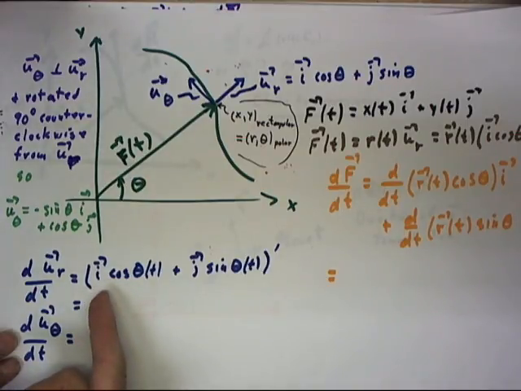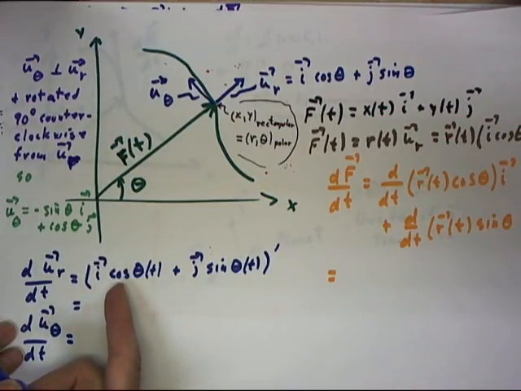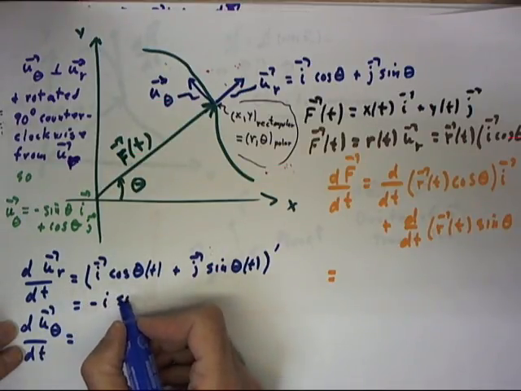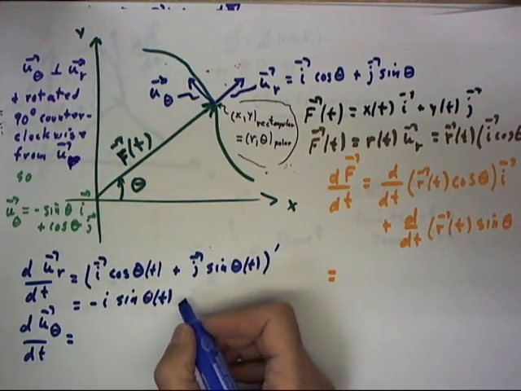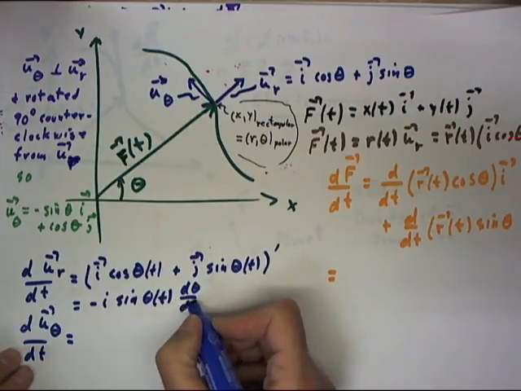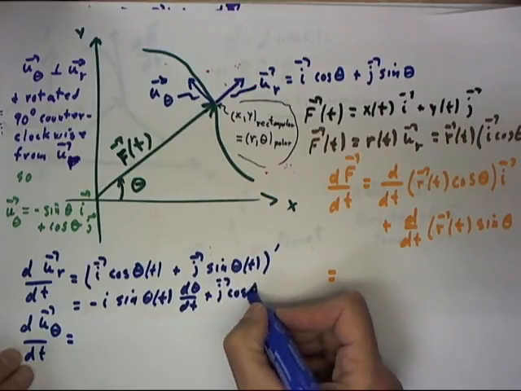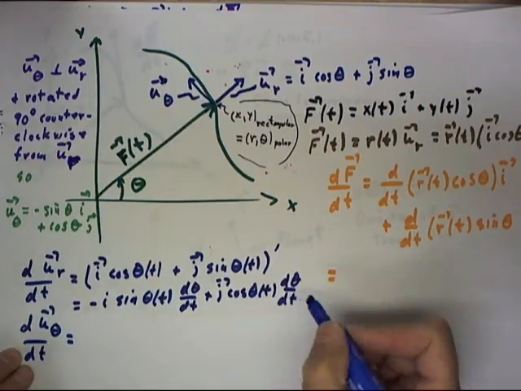Well, it's going to be negative i times the sine of theta of t times d theta dt plus j cosine of theta of t, again times d theta dt.